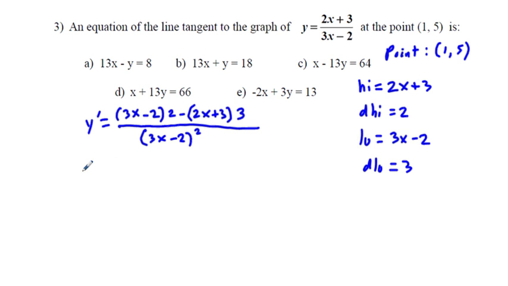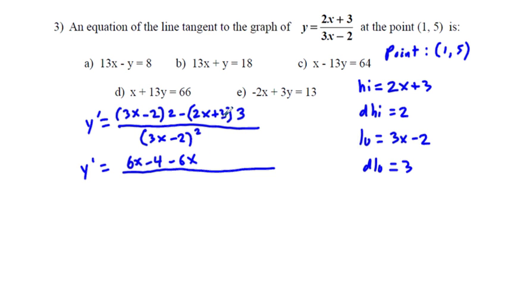And then just simplifying out, we have y prime is equal to, in the numerator, 3x times 2, which is 6x, and negative 2 times 2, which is minus 4. We have negative 2x times 3, which is minus 6x.